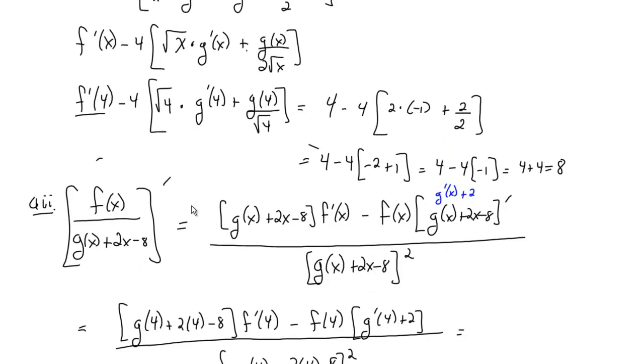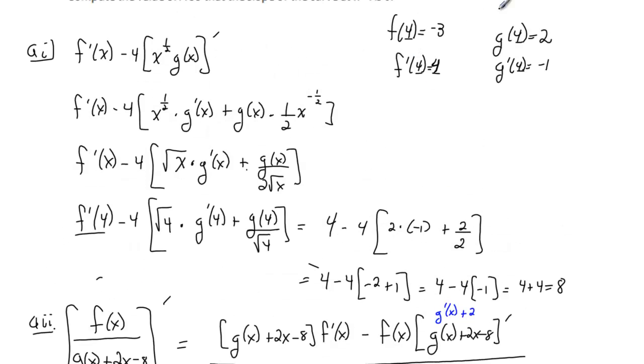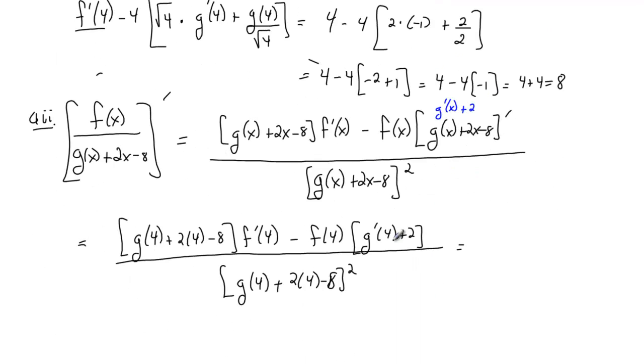Looking at this, we know g of 4 is equal to 2. So on top we're going to have 2. 2 times 4 is 8. 8 minus 8 is 0, so this just goes to 0.